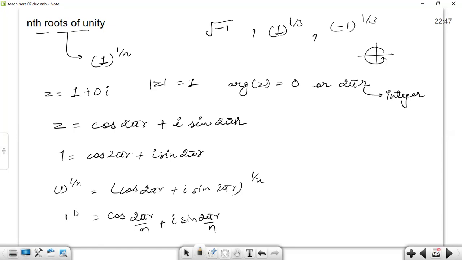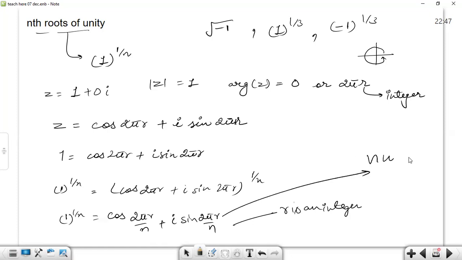Please don't forget that r is an integer. If we had to find the cube root of unity, there will be 3 roots. If we have to find the 1 by nth root, it will have n roots.